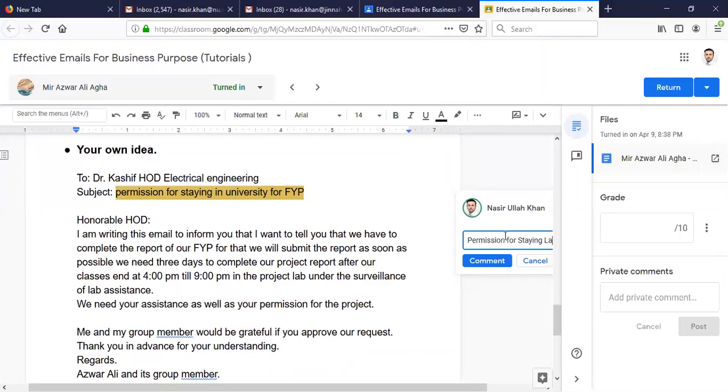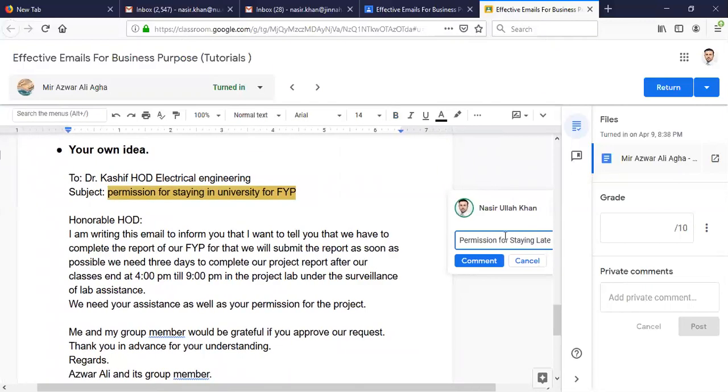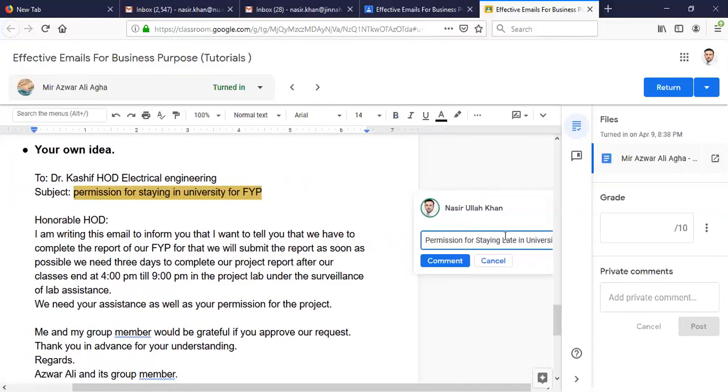So: Permission for Staying Late in University for FYP, final year project, or it could be for Completing FYP Project. Full stop. That is now more acceptable.